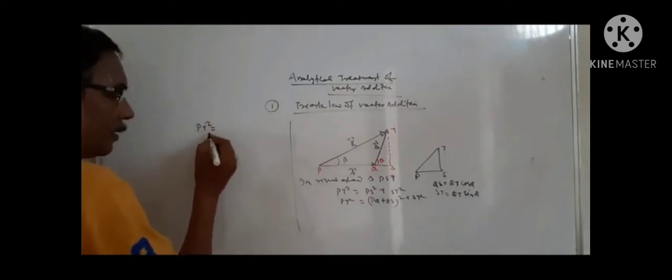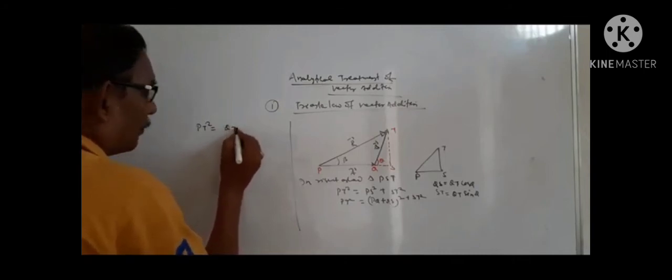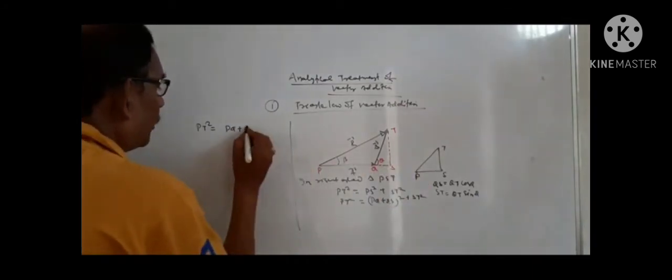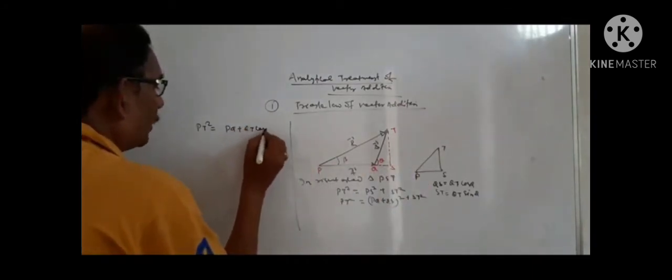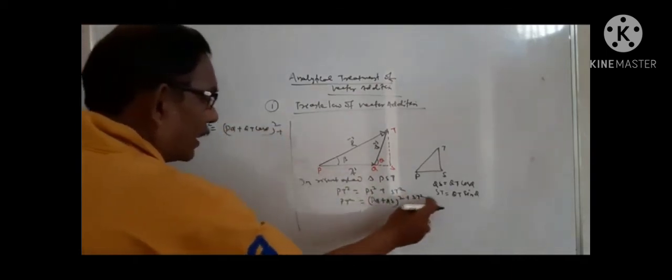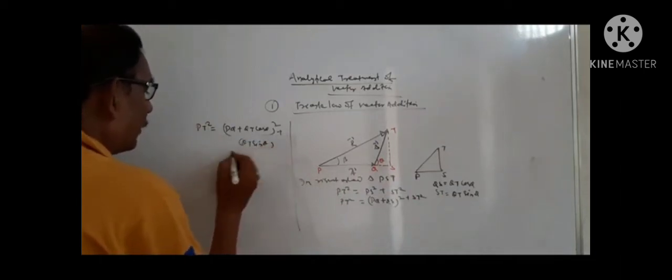PT square equal to PQ plus QT cos theta, whole square, plus, in place of ST, write QT sin theta, squared.